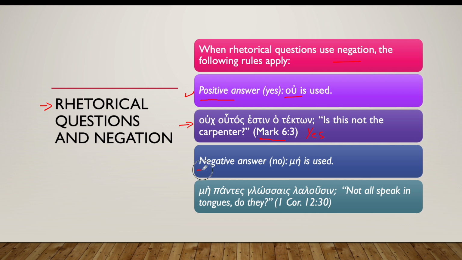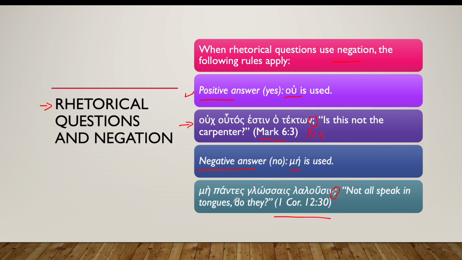But if you expect a negative answer, me is used. So this is Paul's discussion of tongues in 1 Corinthians 12, and he's asking a rhetorical question. Me pantes glossais lalousin. And that's a question. Okay, we can see that here. That's a question too, right?